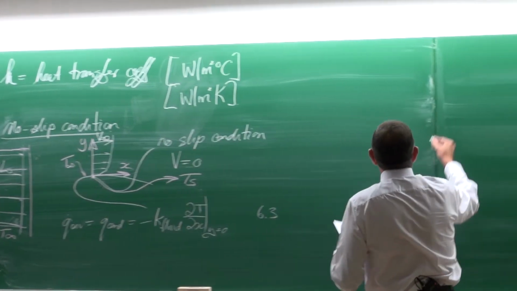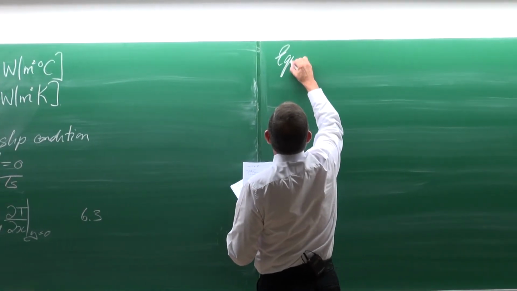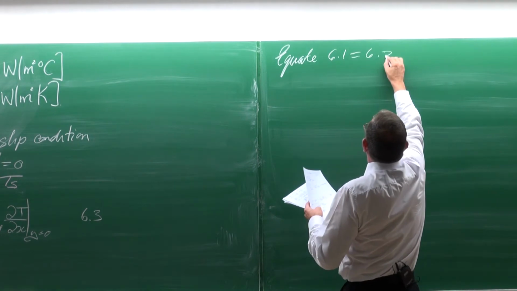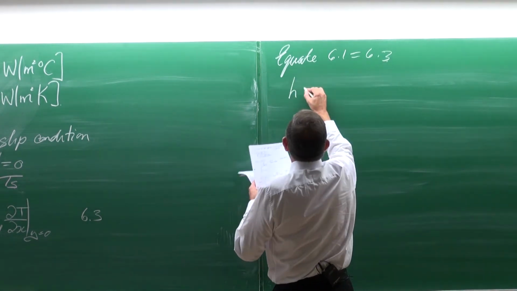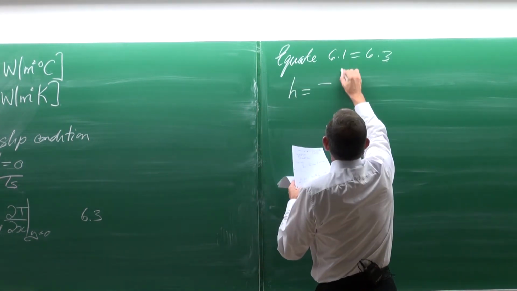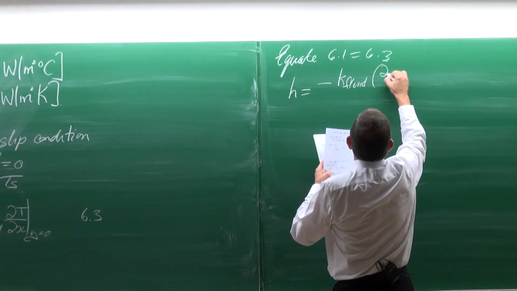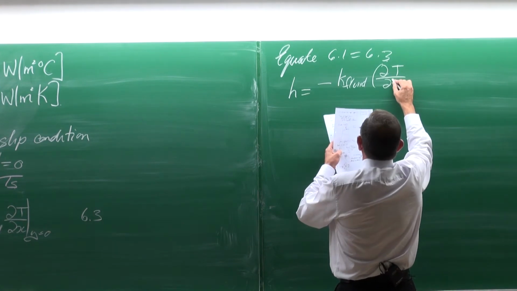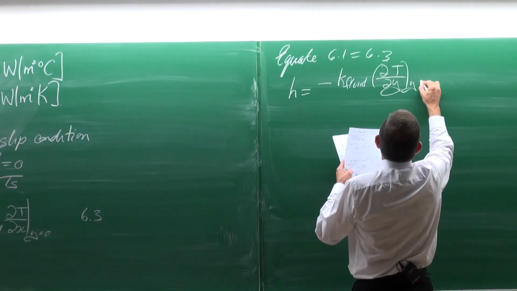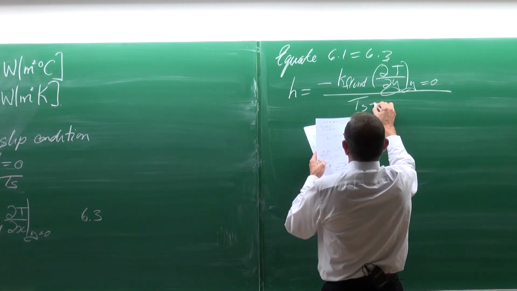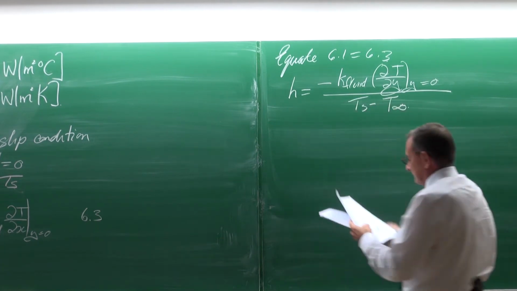And if we equate equations 6.1 to 6.3, then you can solve that the heat transfer coefficient is equal to minus K of the fluid multiplied by partial dT/dy, where y is equal to 0, divided by Ts minus T infinite.